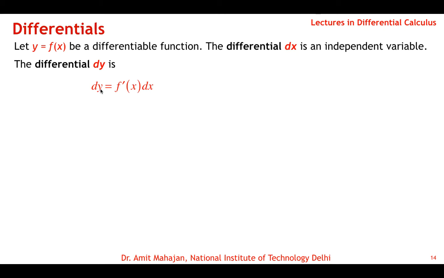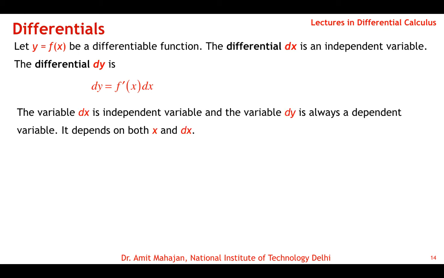So dy is a dependent variable, and it depends on both the x variable and the dx variable. dy and dx are called differentials. If you calculate the ratio of the dependent differential dy to the independent differential dx, that means dy by dx, then it will be f dash x, which is the derivative of the function.